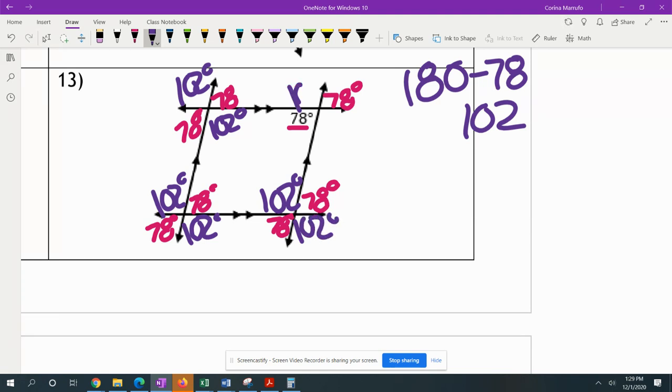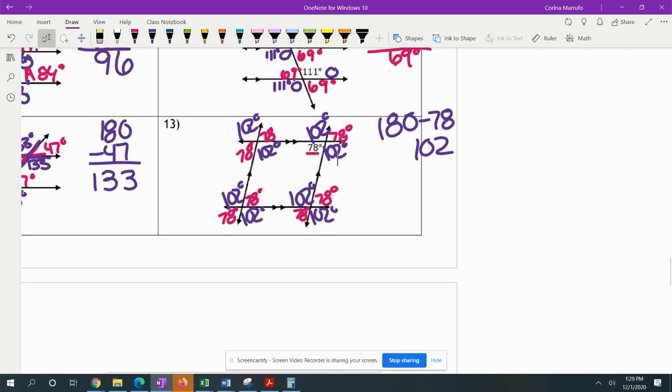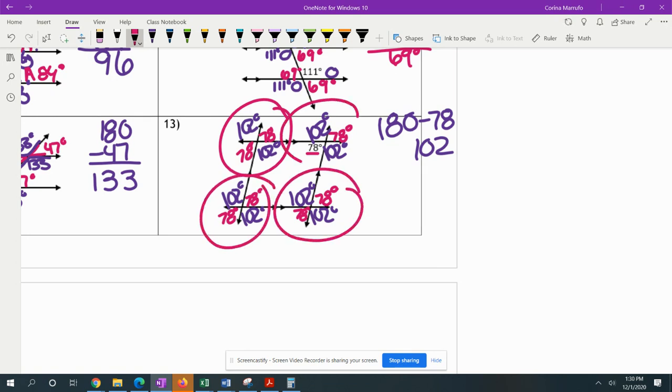You either have 78 or 102. You should make sure that the patterns all match. It's like a little pattern that you can pick up on. You notice this is the exact same thing as here, which is the exact same thing as here, which is the exact same thing as here, and the exact same order as well.